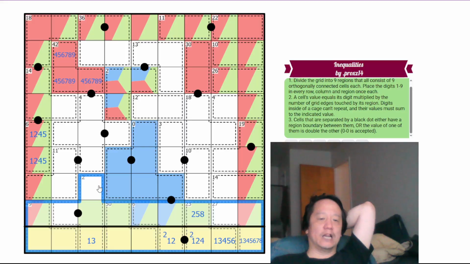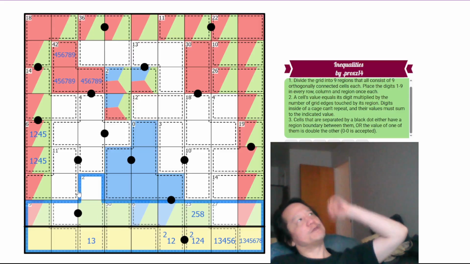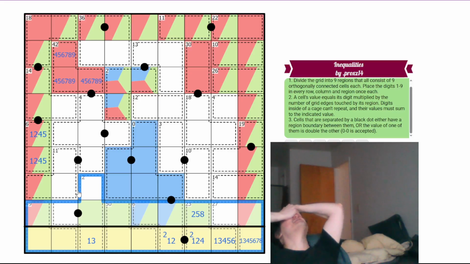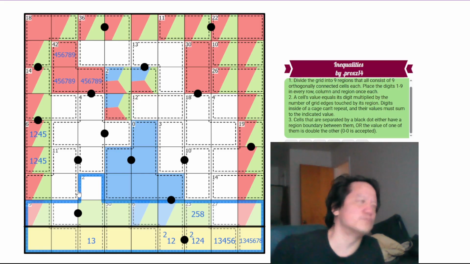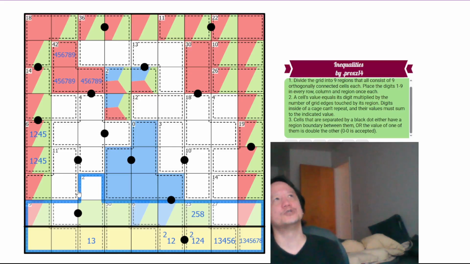Plus 12. So this adds up to, at most, 12 plus 155, which is 167? Is that right? 155 plus 12 is 167. Yes. 167 minus 135 is 32.